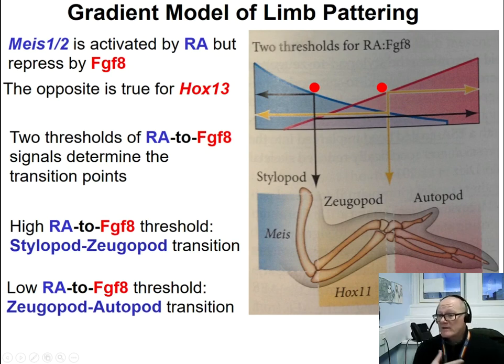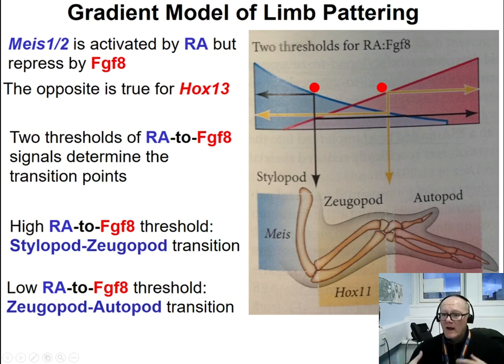So you can have tetrapod species which have a very long stylopod if you move this threshold point to the right, so the zeugopod will stay the same while the stylopod becomes longer, or you can move these two threshold points near each other, and therefore produce a longer stylopod and autopod, and a shorter zeugopod.